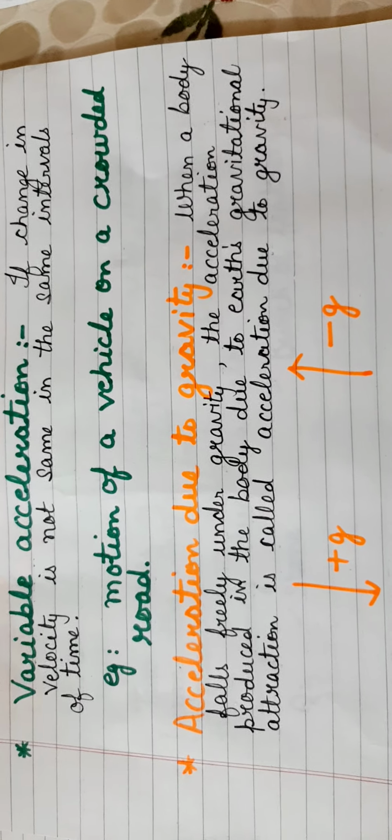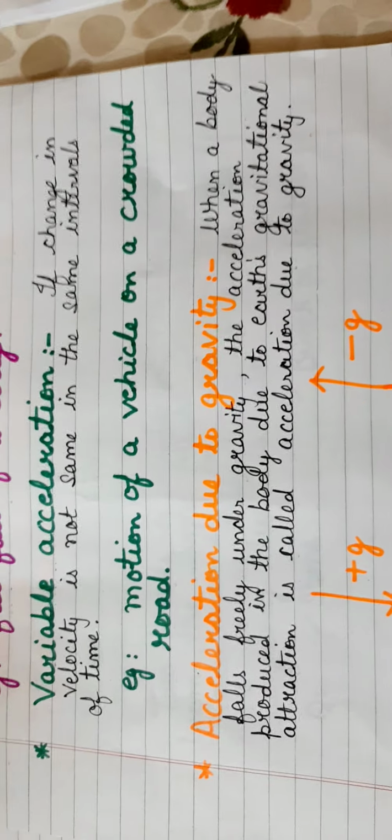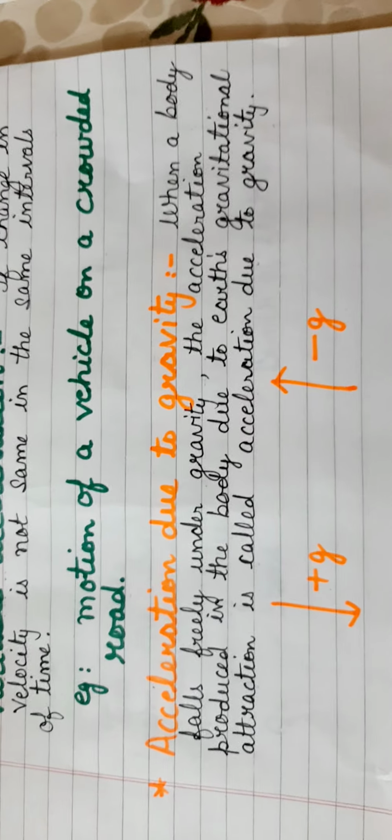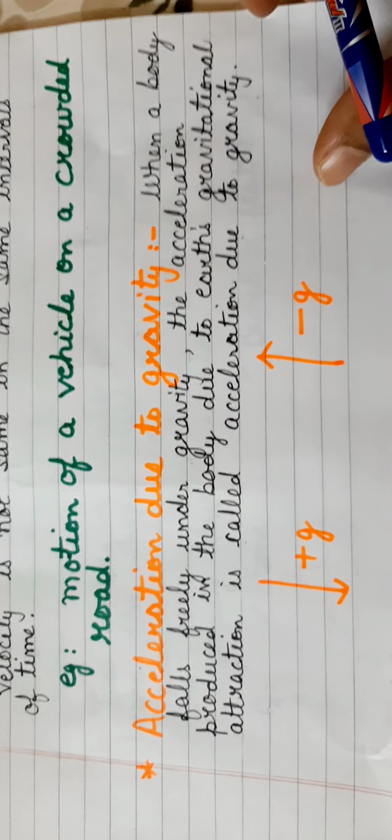And when a body falls freely under gravity, it is said to possess acceleration due to gravity because its velocity is increasing. So it is said to be acceleration. And why due to gravity? Because it is under the force of gravity of the earth that it is falling.